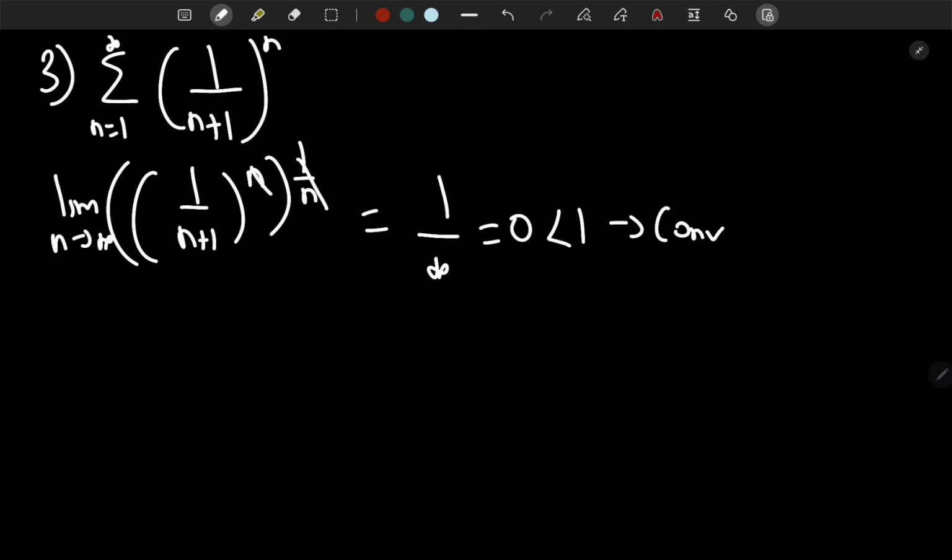Now if you do the same exact question with the ratio test, it's going to get very complicated and take a lot of time. So this is when the root test comes in more helpful or more handy, whenever you have exponentials to the power of n. And whenever you see factorials, that is when the ratio test comes in handy.